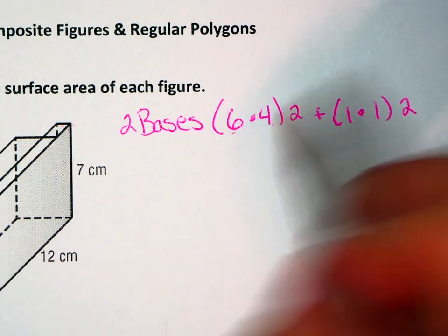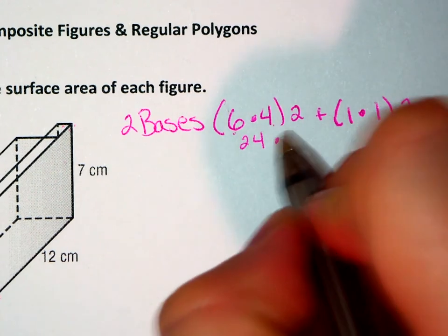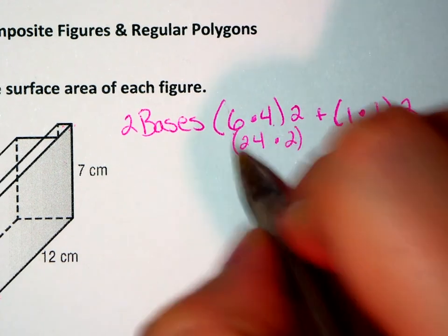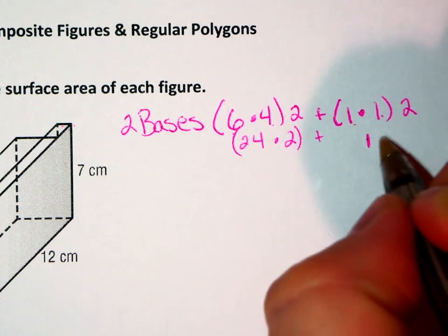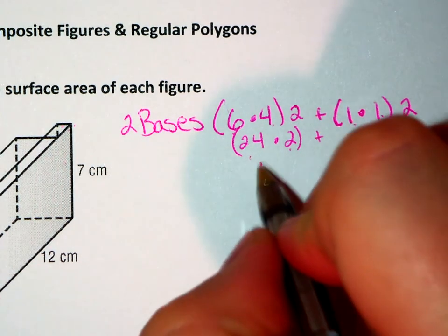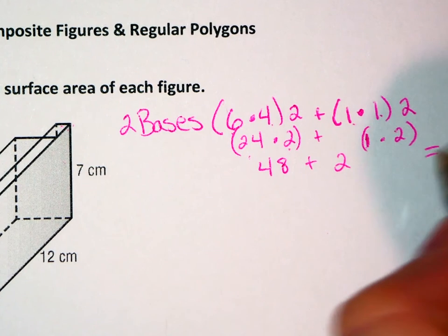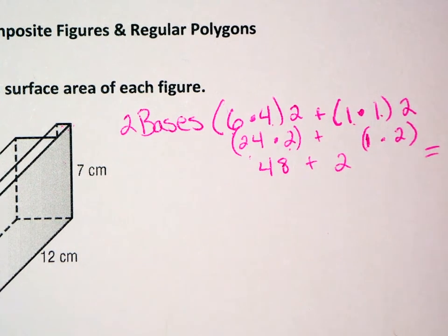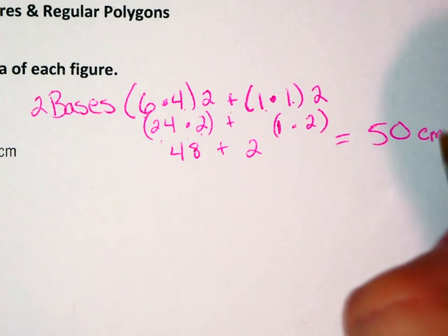So 6 times 4 is 24 times 2, plus 1 times 1 is 1 times 2. 24 times 2 is 48 plus 1 times 2 is 2. So the area of the bases, this irregular shape we have here, is 50 centimeters squared.